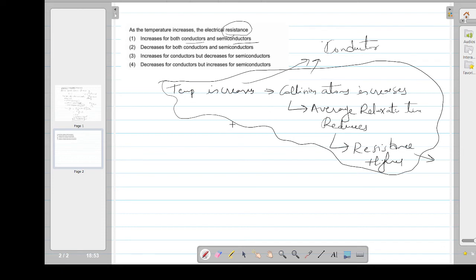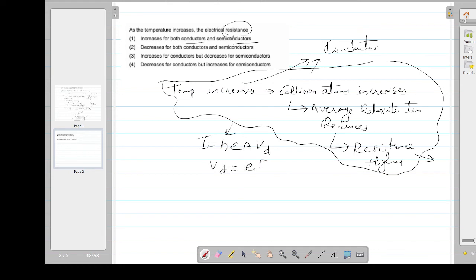So after the resistance increases, our current will reduce. But they have focused only on the resistance. Even I can write in terms of an equation: I equals n e A v_d. The current depends upon the number density of electrons, the charge of the electron, the area, and v_d, which is the drift velocity.